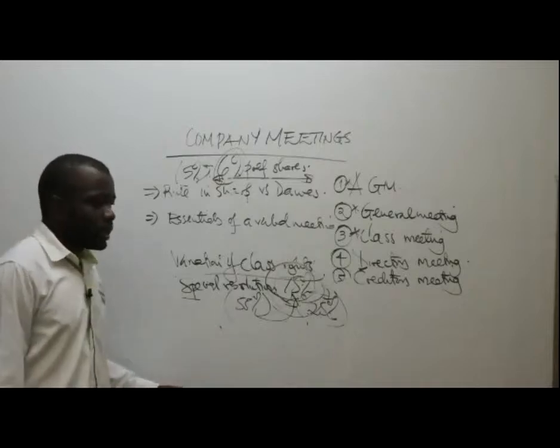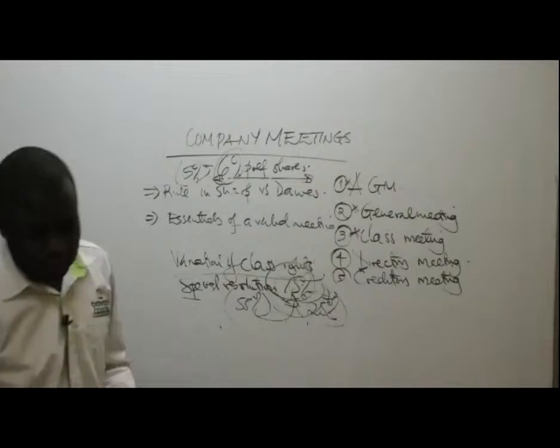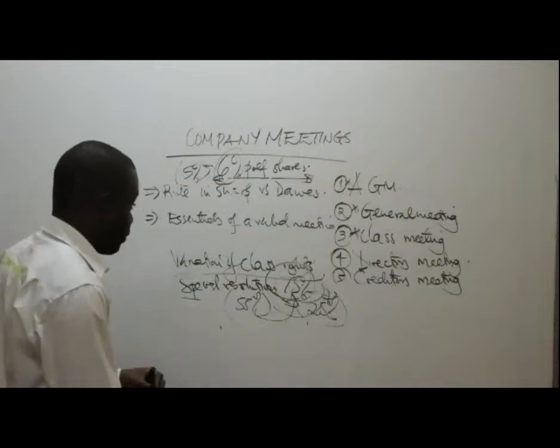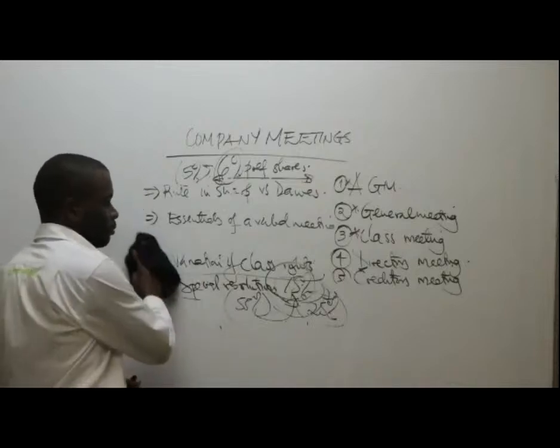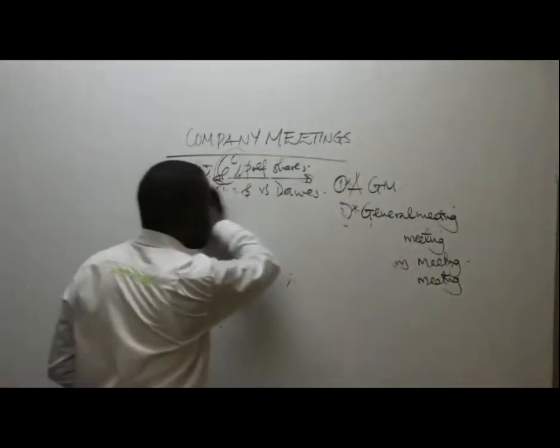So we can look at resolutions that are normally passed in a company meeting. As I've told you, there are two major resolutions: an ordinary and a special resolution.